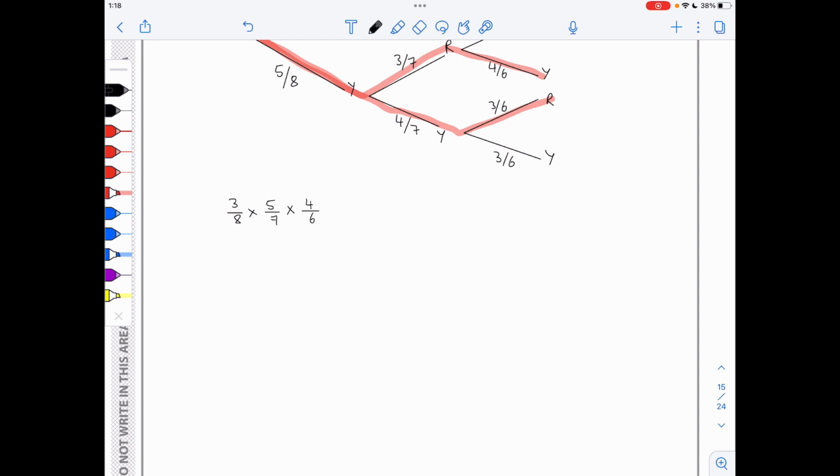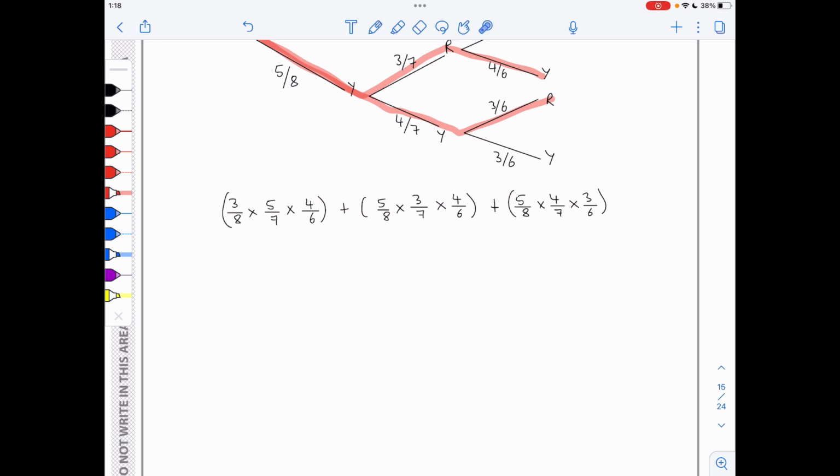This is the red, yellow, yellow scenario. Plus 5 over 8 times 3 over 7 times 4 over 6, which is the yellow, red, yellow scenario, plus 5 over 8 times 4 over 7 times 3 over 6, which is the yellow, yellow, red scenario.